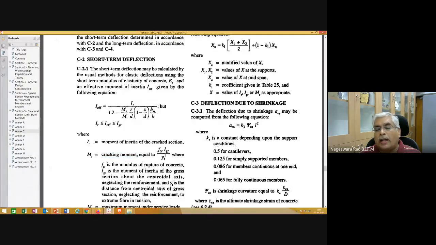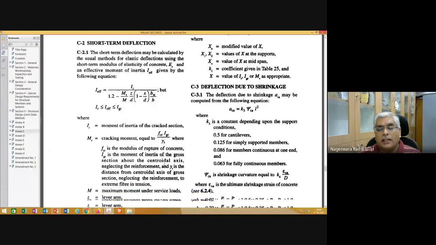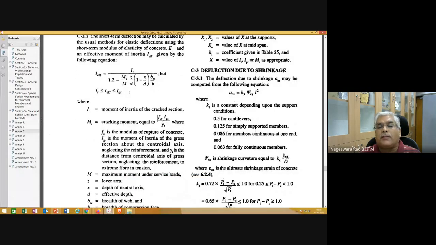And then once you get an idea about MR, you can make use of this equation. I effective is IR, where IR is the moment of inertia of cracked section. Everything is self-explanatory here. In the denominator, 1.2 is some numerical value. MR is the cracking moment. M is the actual moment that is applied, and Z is the lever arm.